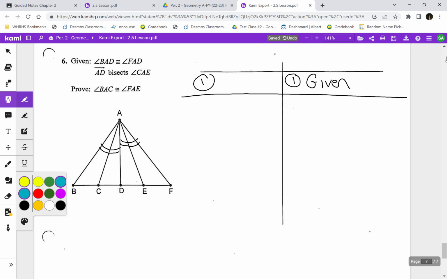Then, this is important, then it says that ray AD bisects angle CAE. You need to make a conclusion there. What is the conclusion if we are bisecting an angle?